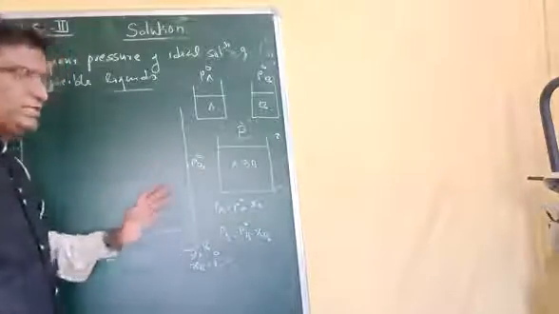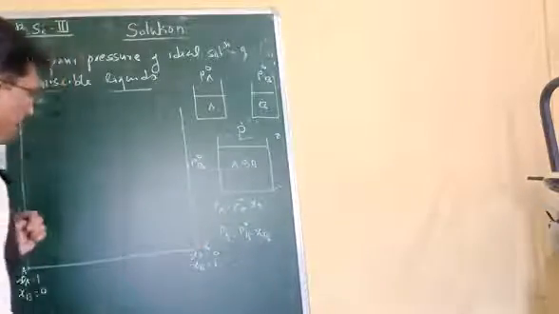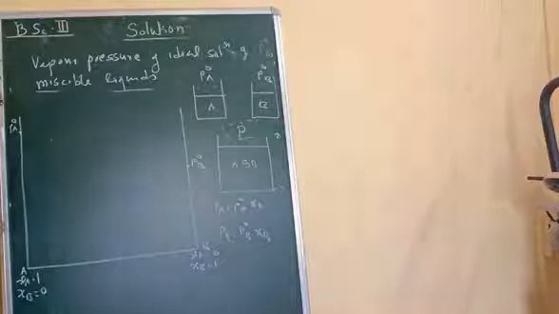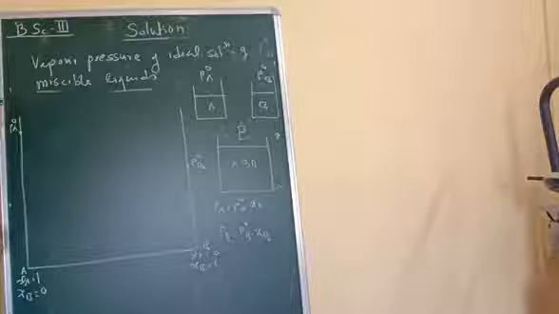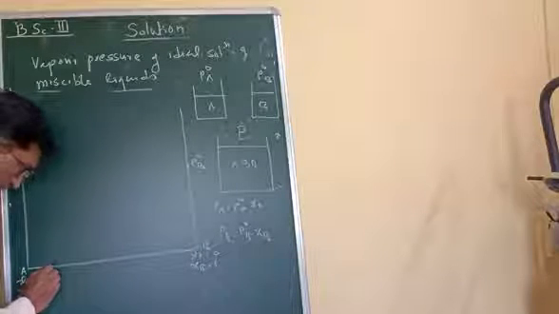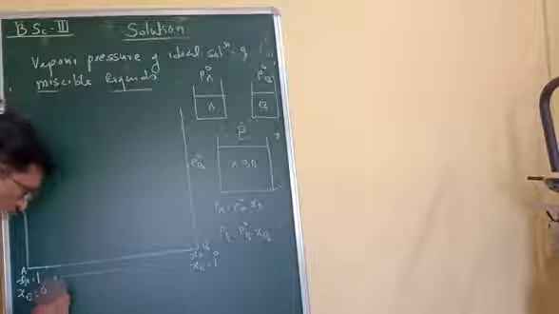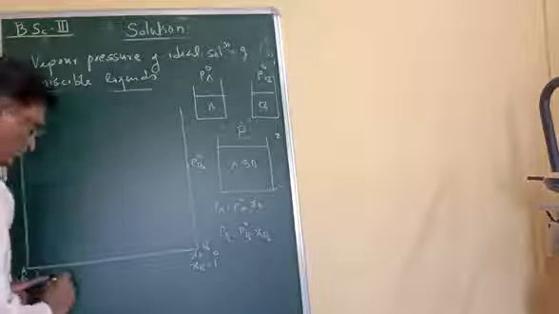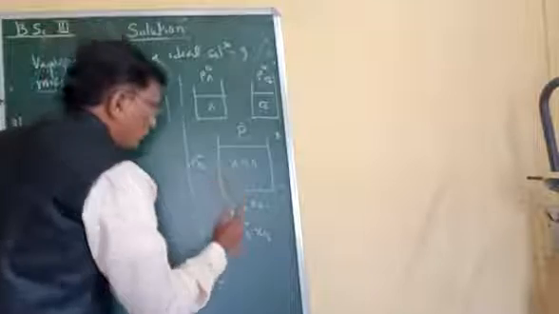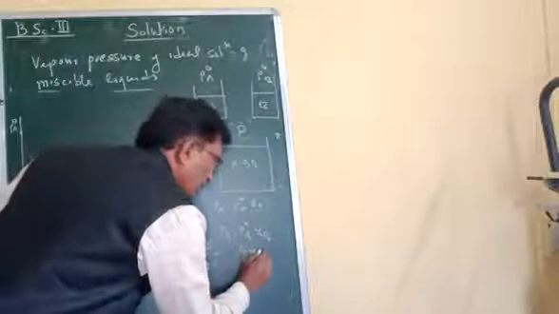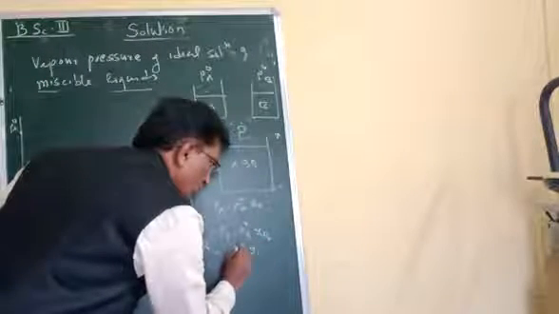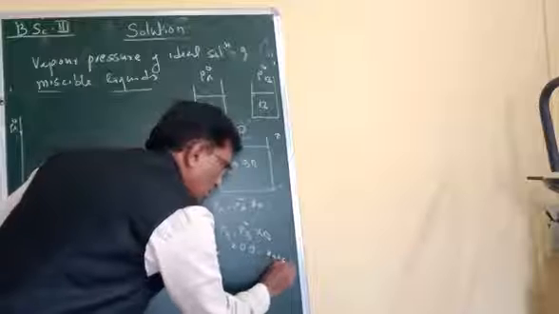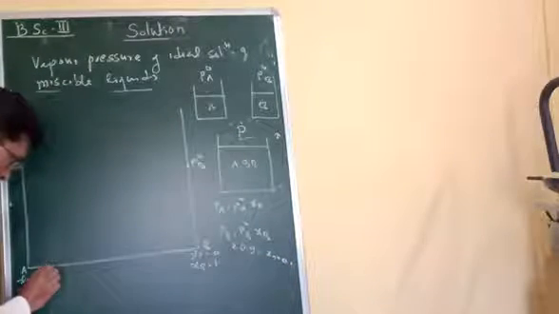Now let us see how these straight lines are obtained. Suppose we have a composition where XA is equal to 0.9 and XB is equal to 0.1. That means this composition here.